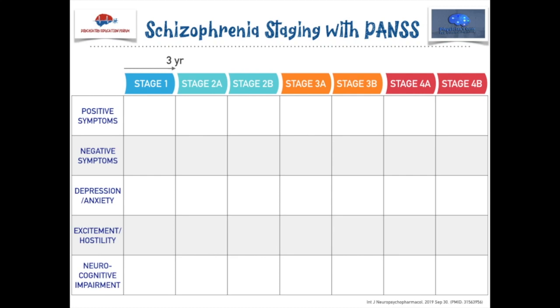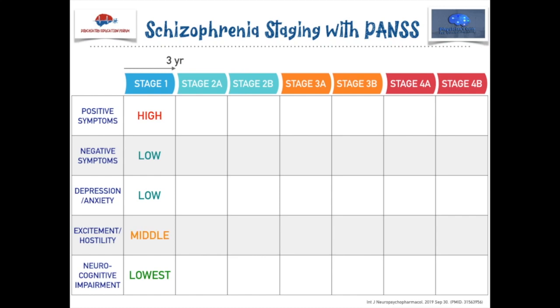Now, in stage 1, the highest symptom is positive symptoms. So these were the dominant symptoms in stage 1. And the lowest symptom in stage 1 was the neurocognitive impairment. And then the negative symptoms and depression and anxiety symptoms were low, or they called it stable.